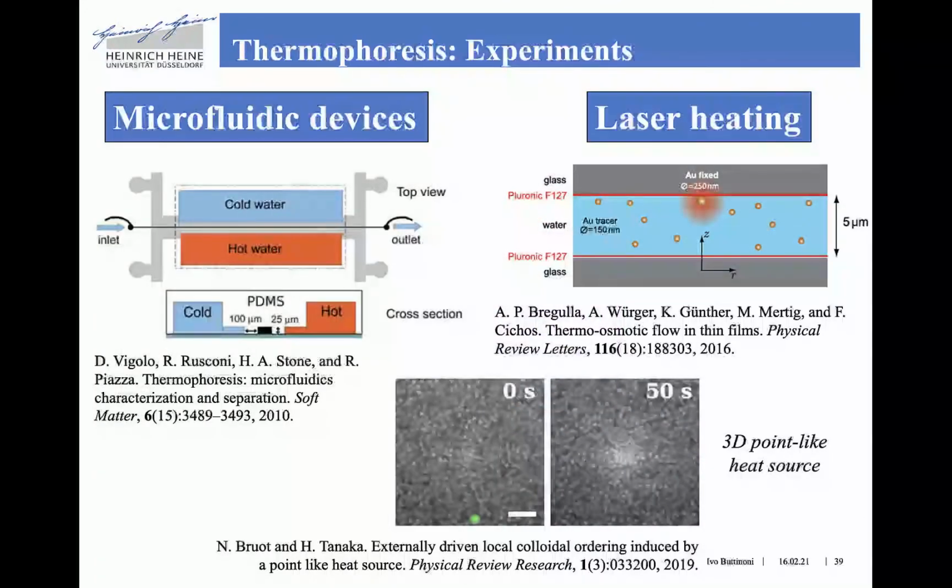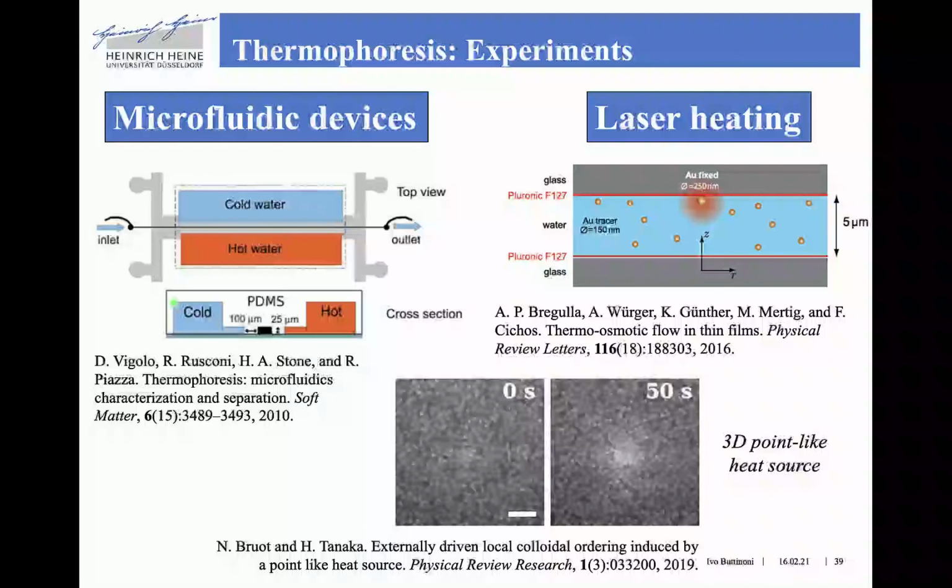Finally, very briefly, how are thermophoretic experiments typically done? A first approach is to use microfluidic devices that are pretty similar to those we have seen in the case of diffusiophoretic and diffuse osmotic transport, where instead of having a reservoir of salt, we have two sides which are cold and hot respectively.